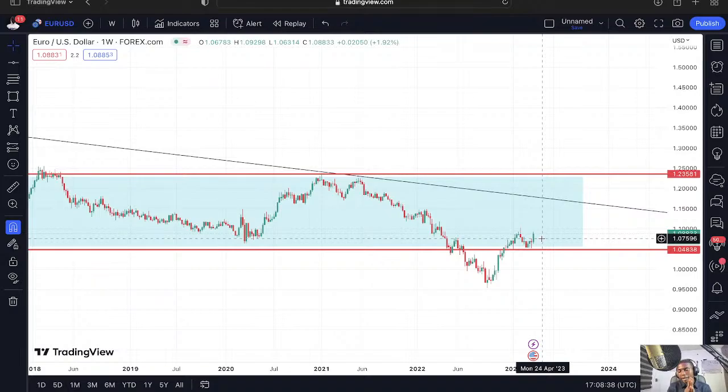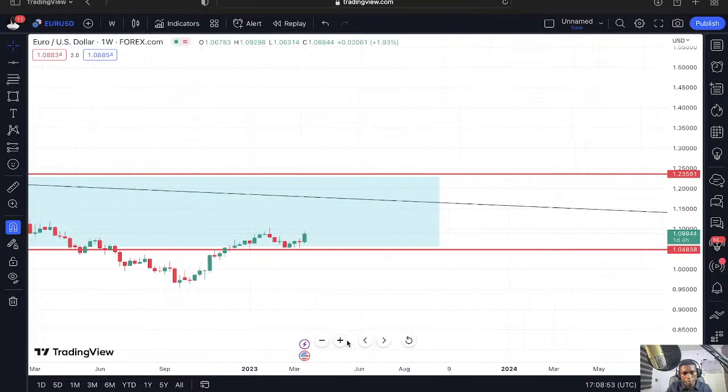So let's take a closer look at what the candlestick looks like within those time frames, within the 1 week time frame. So we zoom in.